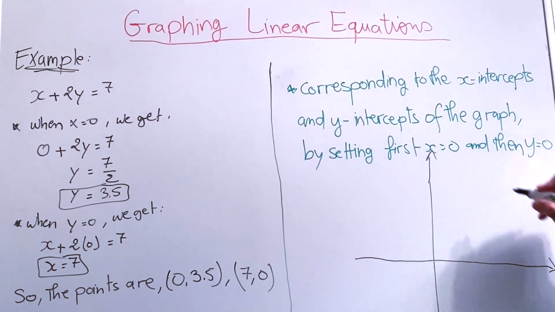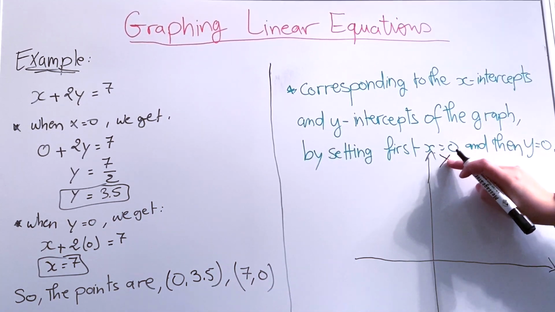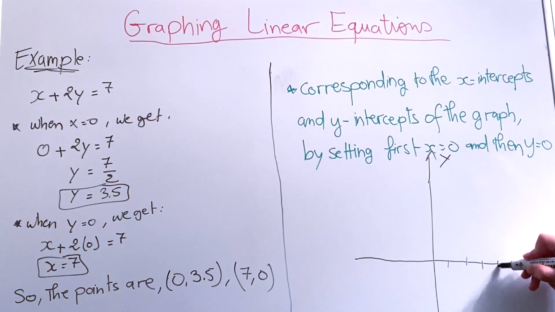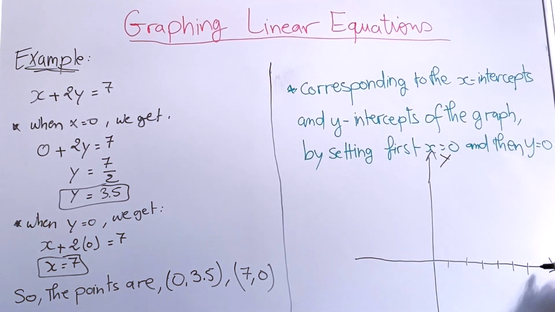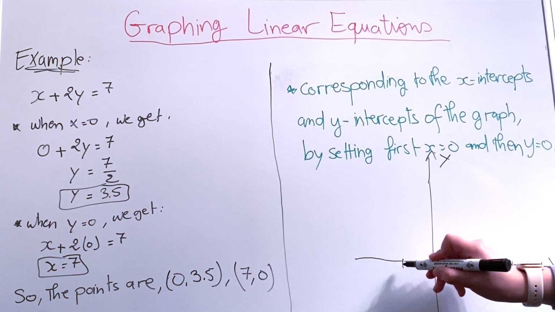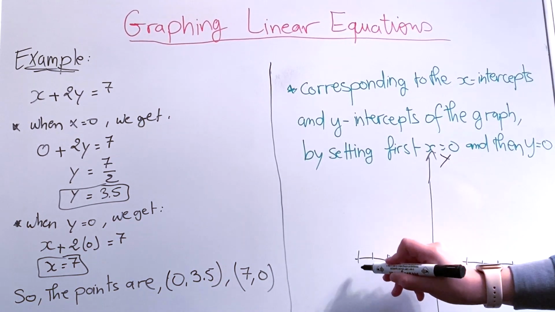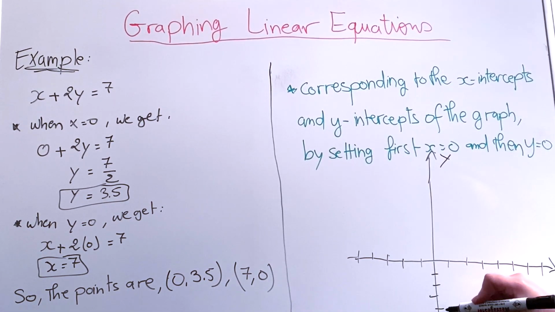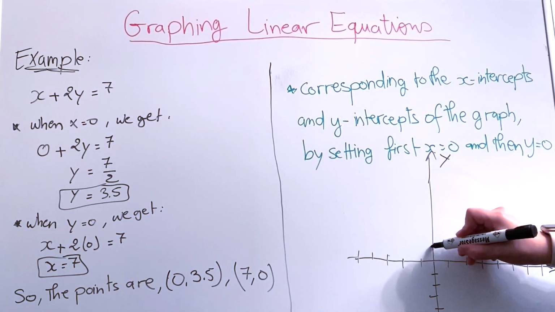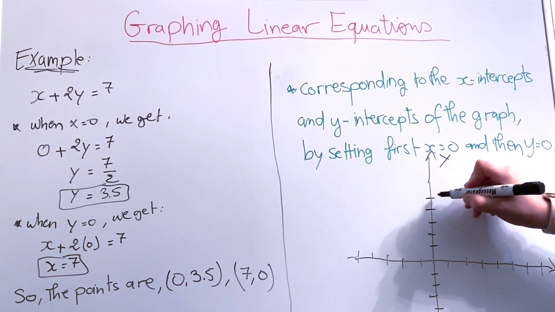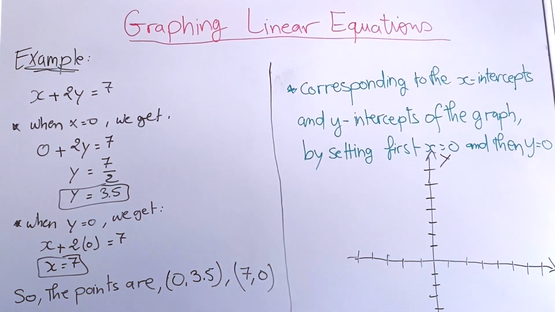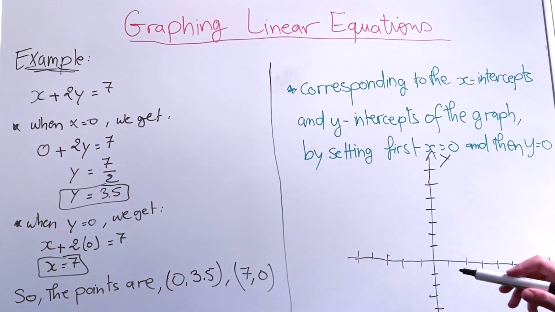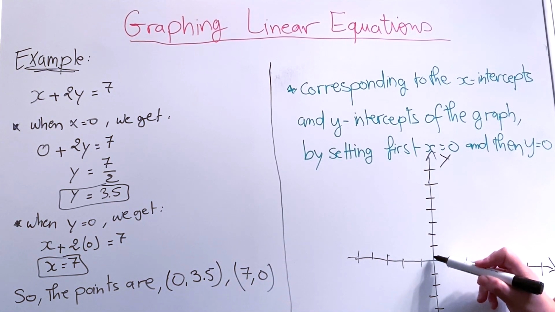So we have x is here and y is here. We have 1, 2, 3, 4, 5, 6, 7, minus 1, minus 2, minus 3, minus 4, minus 5, and on the y-axis minus 1 through minus 6, and 1 through 7. So we have the first point, it's (0, 3.5), so x is 0 and y is 3.5.